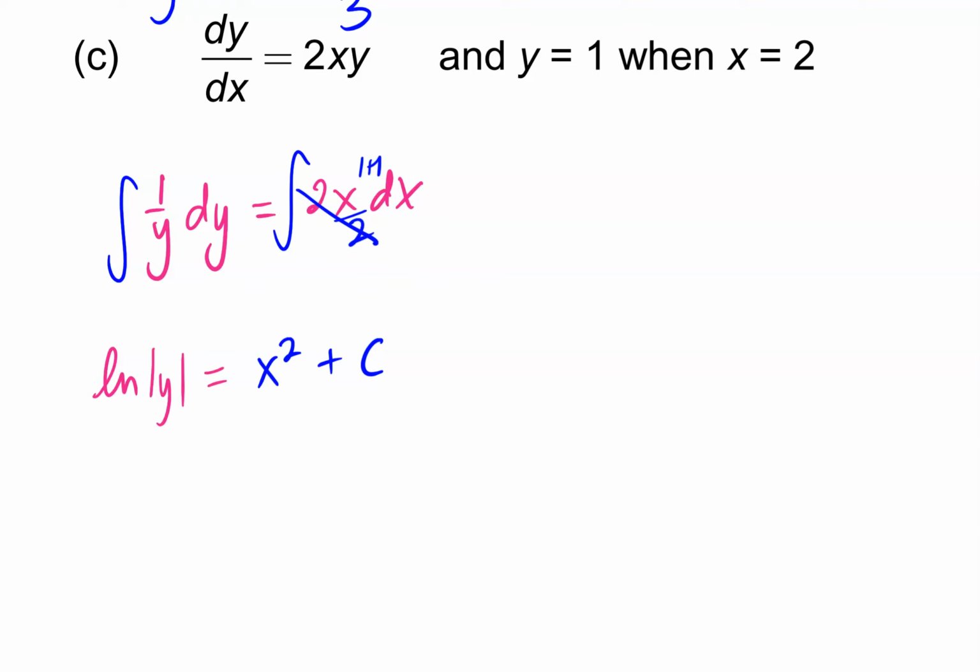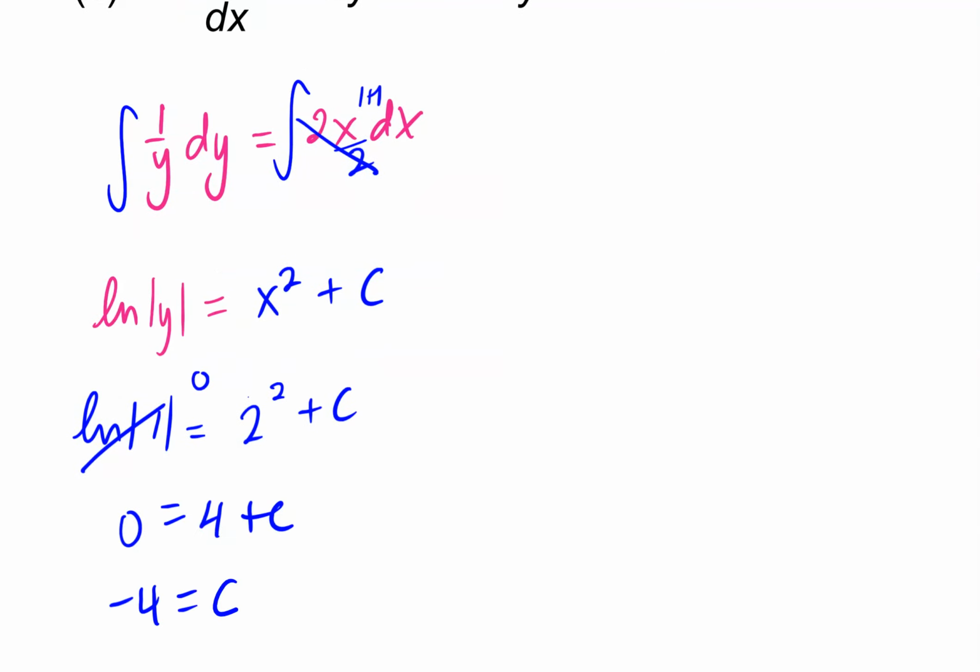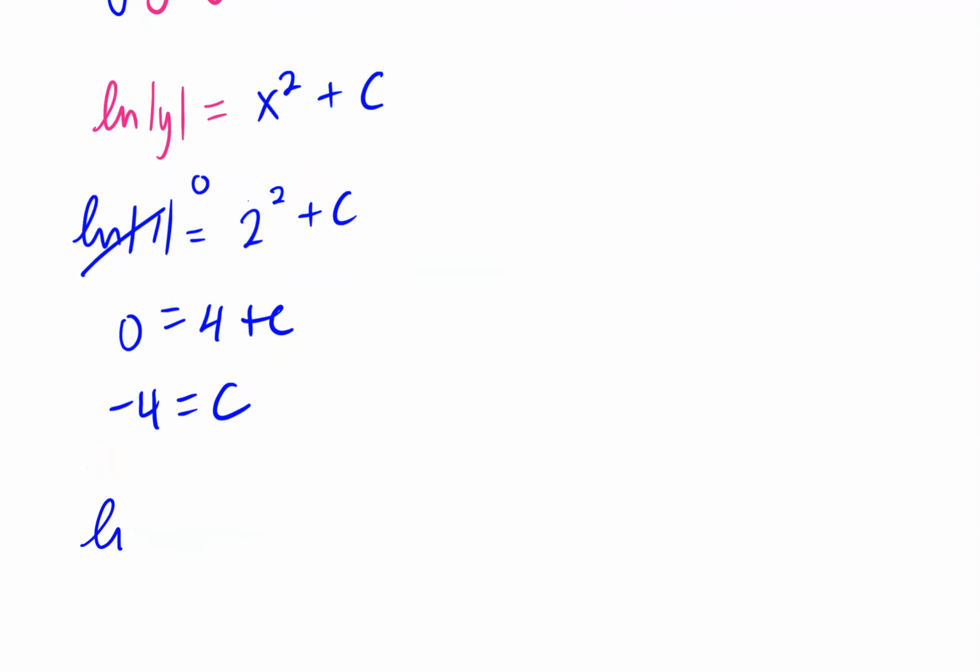Okay, if I plug in y is 1 and x is 2, ln of absolute value of 1 is equal to 2 squared plus c. ln of 1 is just 0, so you have 0 is equal to 4 plus c, so c is going to be negative 4. All right, so I have ln of absolute value of y is equal to x squared minus 4.